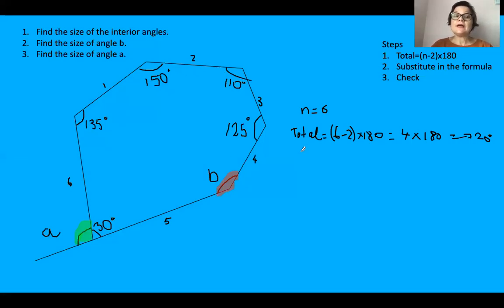Now, on the other side, we have all the angles except angle B. So total can be expressed as, let's write them all from the start, with 30.